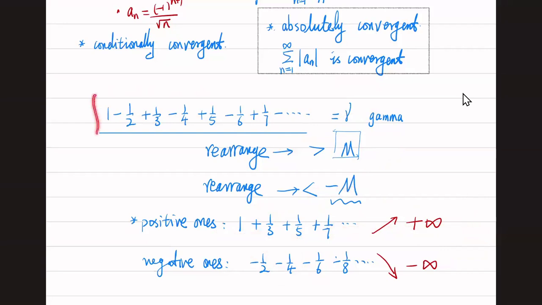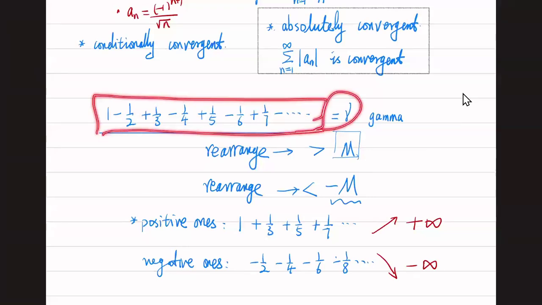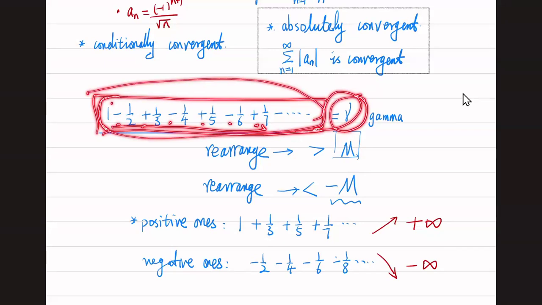So this one, by our test, we claim it's convergent. However, in this order, we subtract, add, subtract, and subtract. If we do it in this order, we get one number. The same manipulations, but if we do it in a different order, I can make it arbitrarily large. If I do it in a third different order, I can make it arbitrarily small.